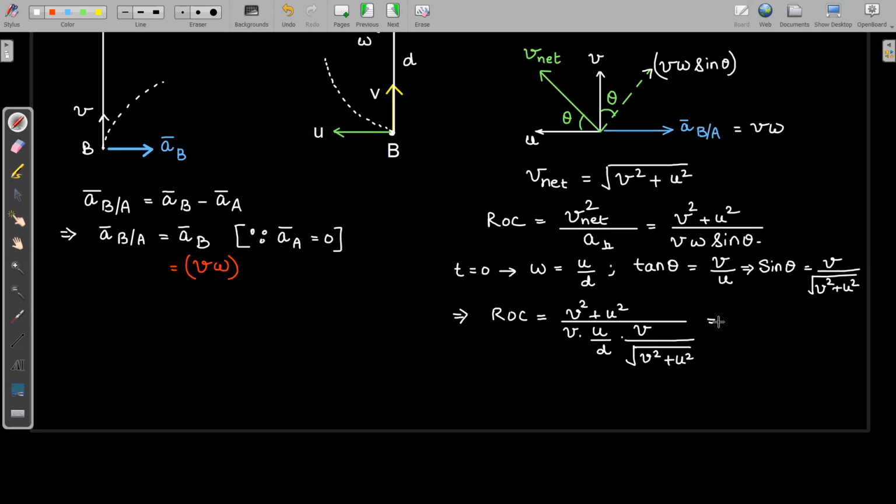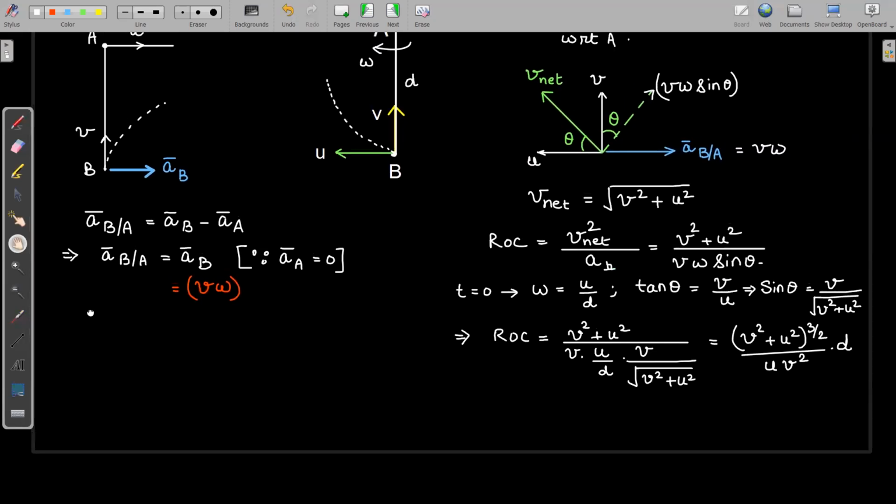So we'll get this value as v square plus u square to the power 3 by 2, divided by, in the denominator, u into v square and there is a term d. So this will be the radius of curvature of particle B with respect to A at t equal to 0.